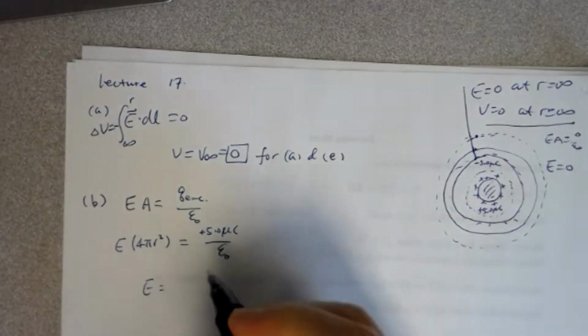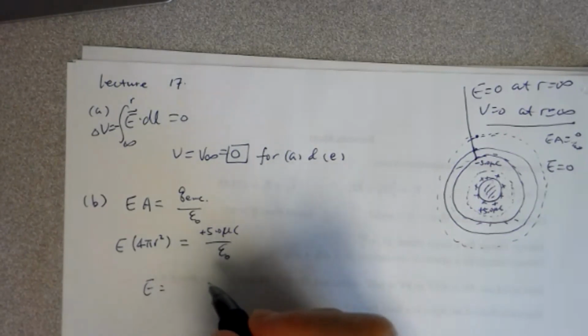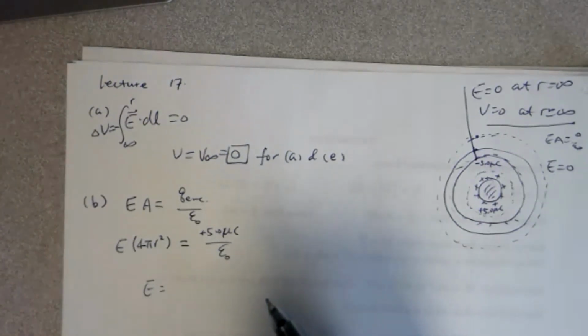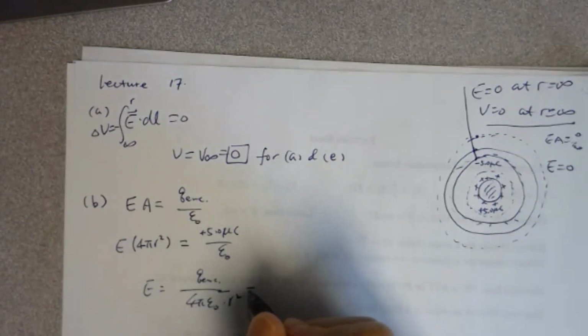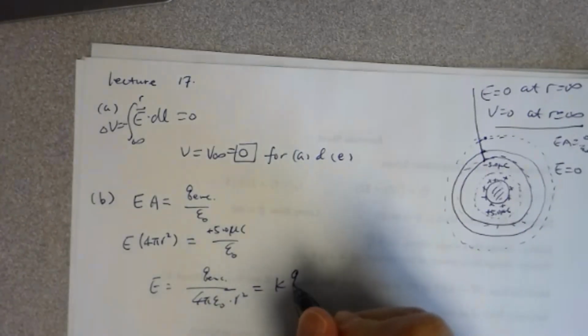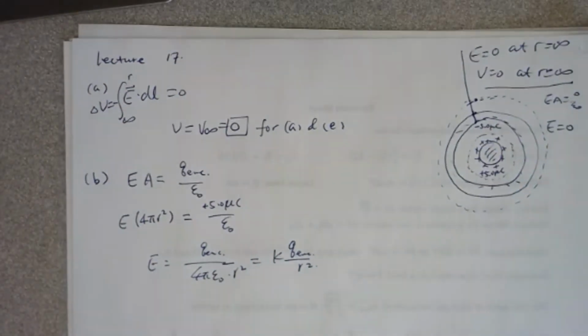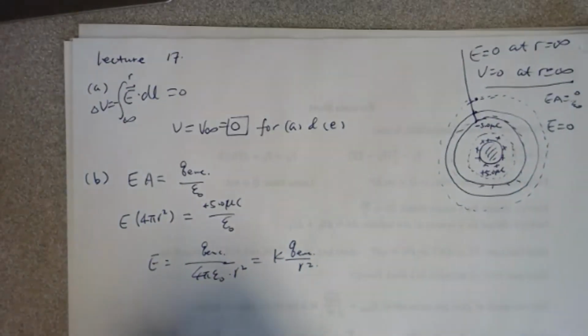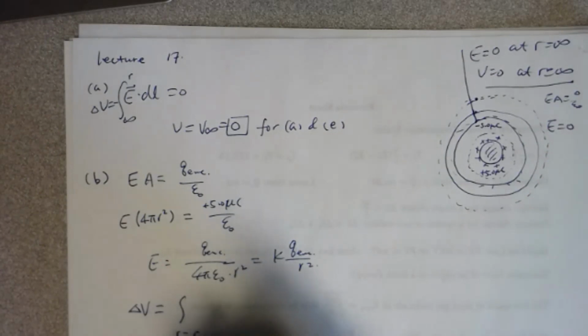So E then equals Q enclosed over 4 pi epsilon naught times R squared, so this could be kQ enclosed over R squared, right? Because 1 over 4 pi epsilon naught is k. All right. So then for delta V, it's going to be from where R equals 5 centimeter, right?